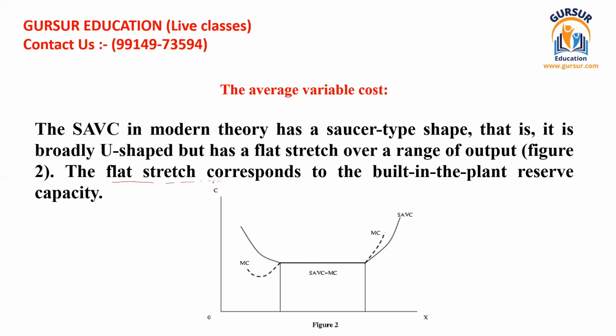And why is this flat stretch there? It represents the reserve capacity of the firm. The wider stretch of the average variable cost curve just represents that the firm has more reserve capacity which it can use wherever possible, and it can take benefit from that.